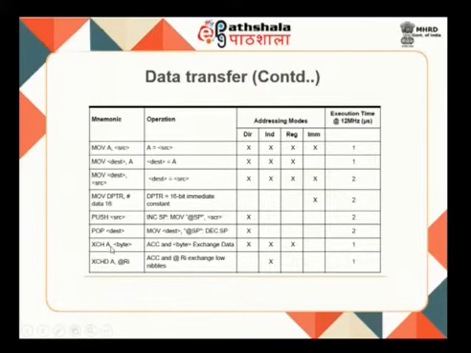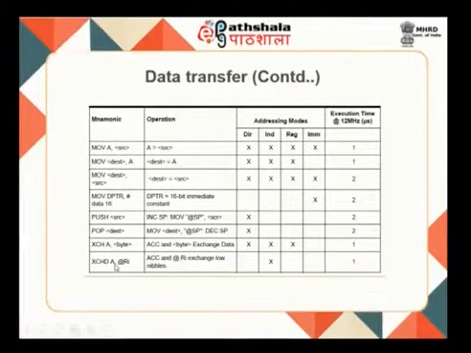Exchange is nothing but exchanging the data between the accumulator and the byte. XCHD is nothing but swapping the nibbles. In your A we have 8-bit data: the lower 4 bits are the LSB nibble and the upper 4 bits are the MSB nibble. I will be swapping the first 4 bits with the last 4 bits. That means the LSB nibble and the MSB nibble get swapped in the accumulator.